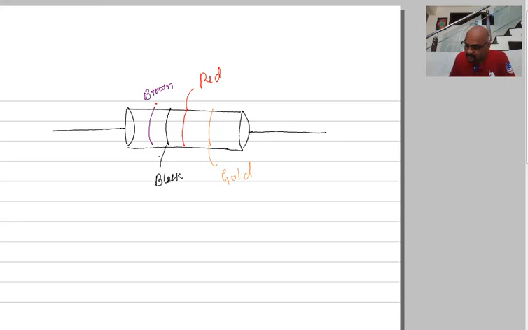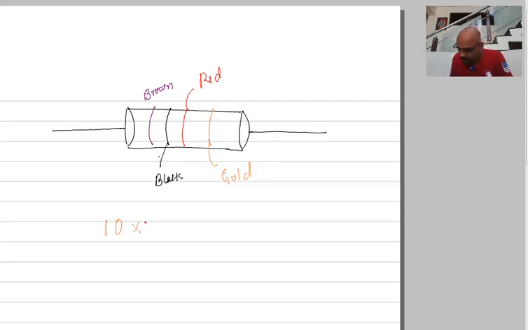What is the first ring? First ring represents the first digit. First ring is brown. Brown refers to the number 1, so I'll write 1. Second ring is black. Black corresponds to 0, so I'll write 0. Third ring is red, and the third ring represents the multiplier of 10.